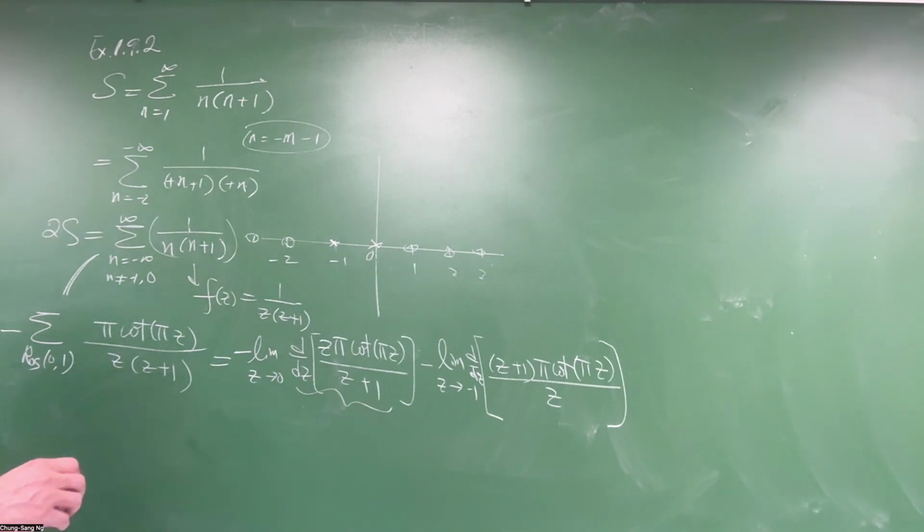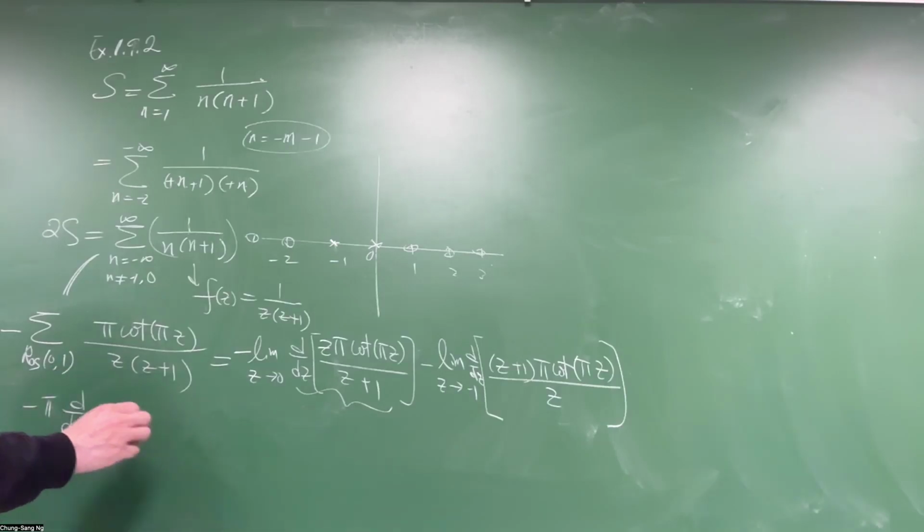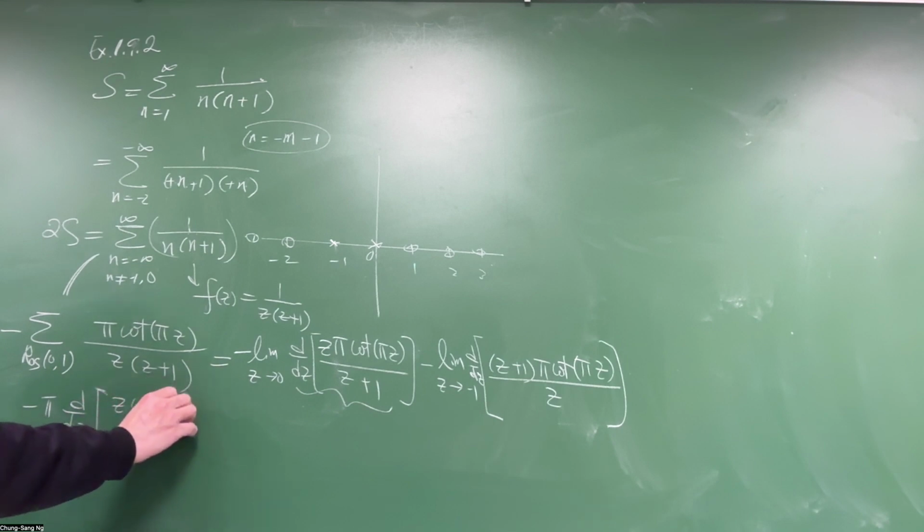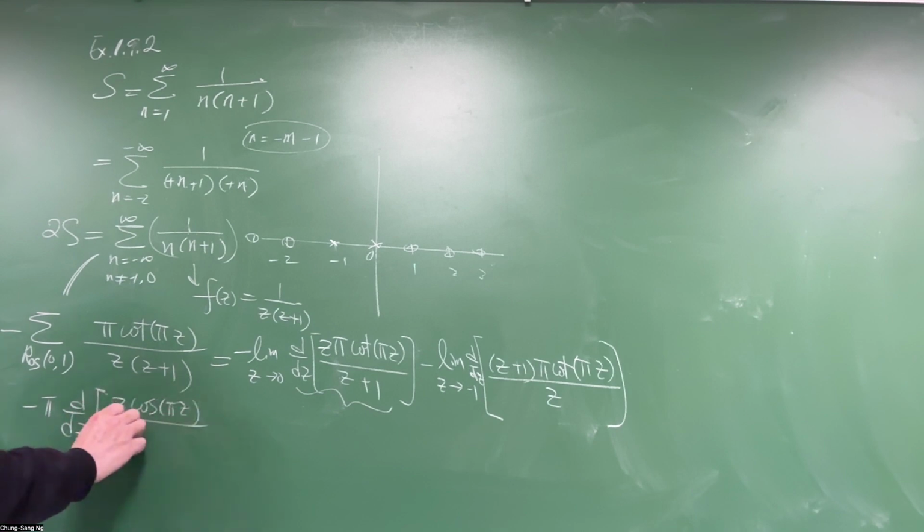Yeah, I forgot. I usually need to change it to sine and cosine. So this is minus pi. Remember that later on we need to take the limit. Cosine z plus 1, z.